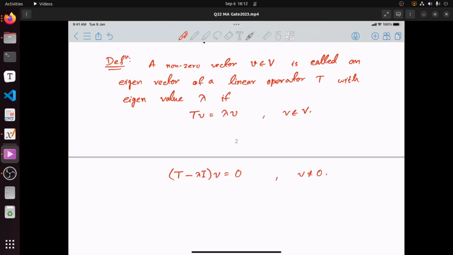So lambda is called an eigenvalue with eigenvector v if it satisfies this equation, which is the same as saying that T minus lambda I is not invertible.